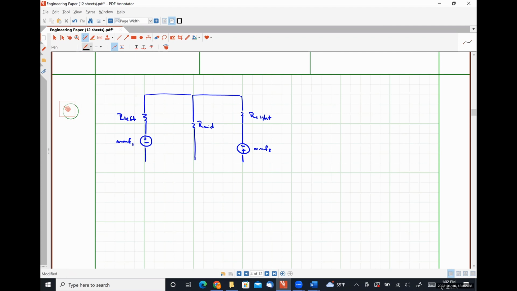So what's the equivalent reluctance seen by the first coil? That would be with this thing turned off.